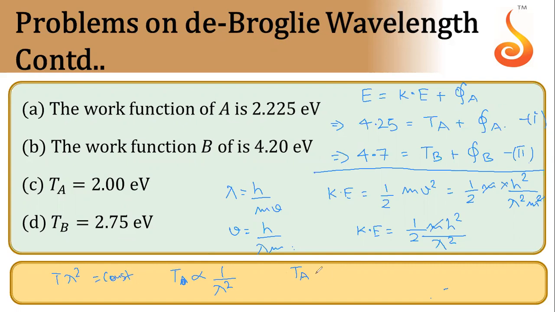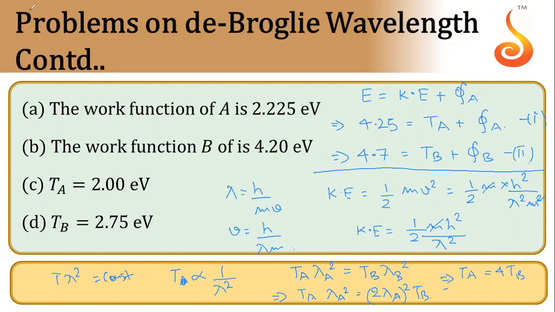Ta into wavelength of A whole square will be equal to Tb into wavelength of B whole square. And we know wavelength of B is equal to twice wavelength of A. So on solving this one, you will get Ta equals 4 Tb.